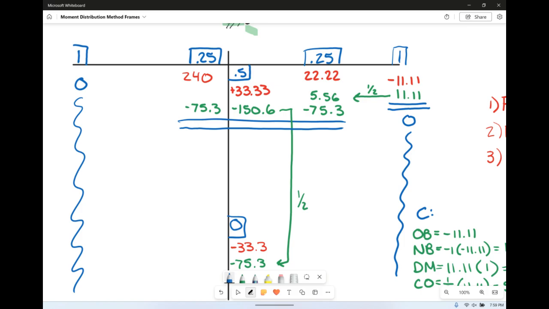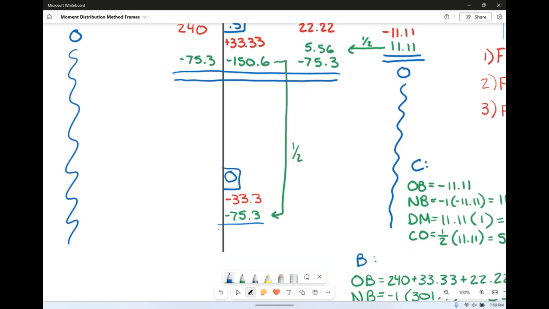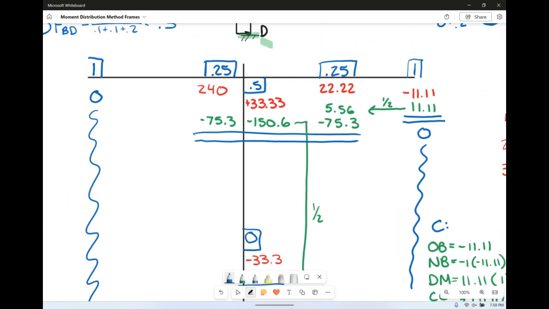So all we have to do now is just sum up everybody's values. So what do we get? We have 240 minus 75.3. We get 164.7. Then we have 33.33 minus 150.6. That's negative 117.3.